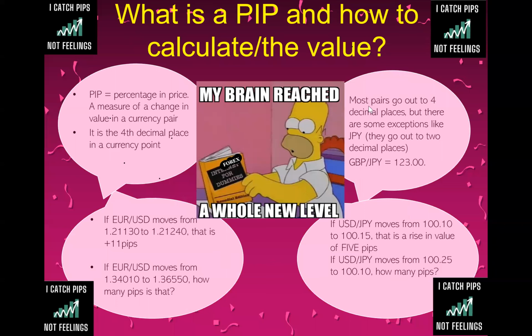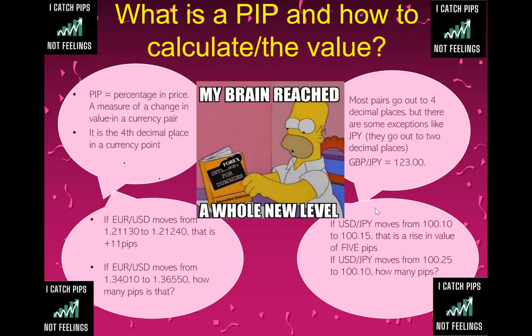Like I said, most go out to 4 decimal places, but there are some exceptions, for example GBP JPY and USD JPY. Those go out to 2 decimal places, so you look at the numbers after the decimal point.